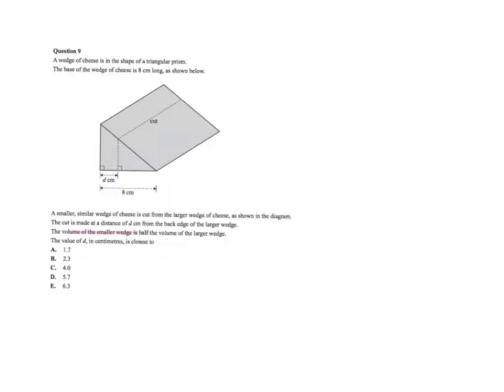So they've given us a little bit of information. Pretty much they're giving you the volume ratio. If you think about it, because they said twice, the volume ratio is maybe 2 to 1. So if that's the larger wedge and that's the smaller wedge, we can use that to compare, but we also need an actual number.